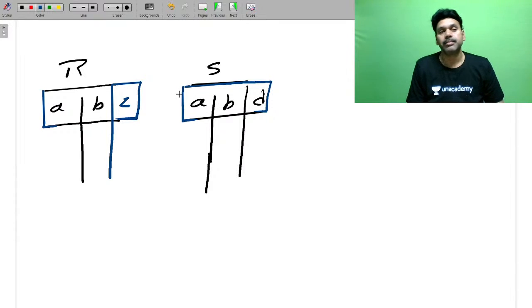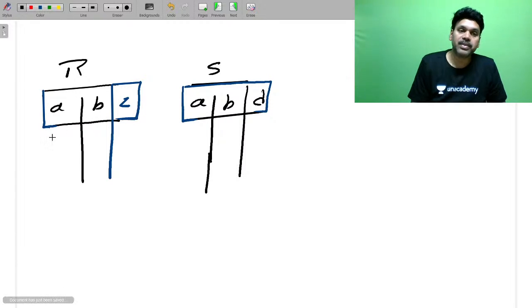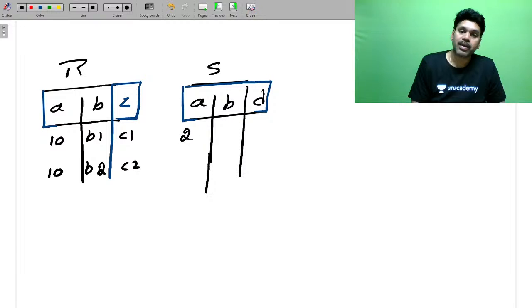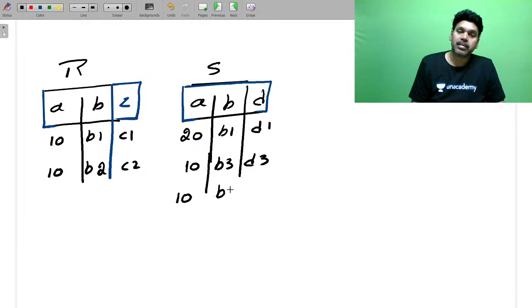Now listen, let me give the data. 10 B1 C1, 10 B2 C2, 20 B1 D1, 10 B3 D3, then 10 B2 D4. So these are the tuple sets. Now I'm asking you, what is R natural join S?